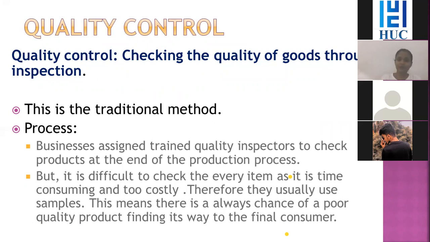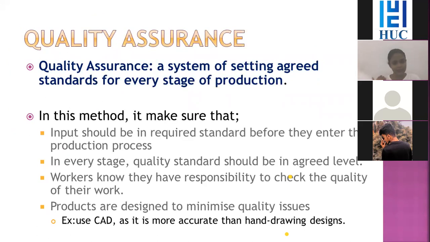In quality control there are separate inspectors to do this. A separate team is there to check once production is finished. In quality assurance, inspectors also check at the end, but at the end of every stage the employees also check the quality.